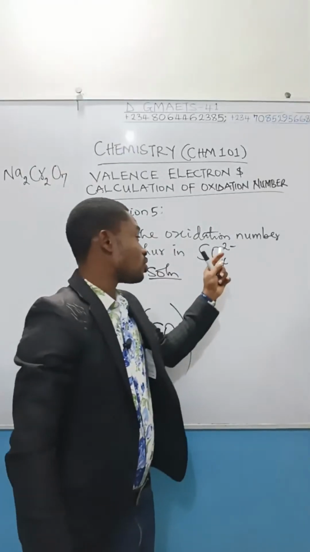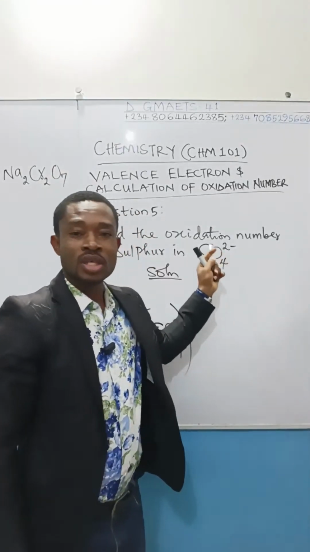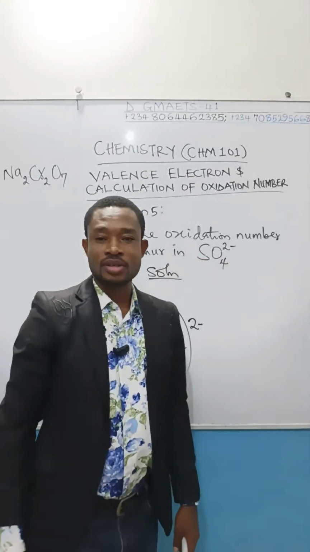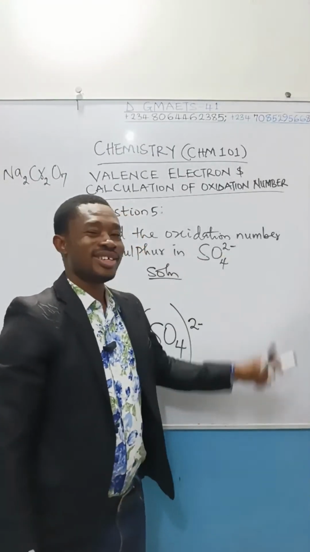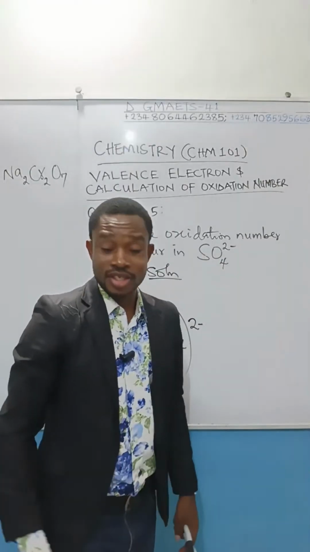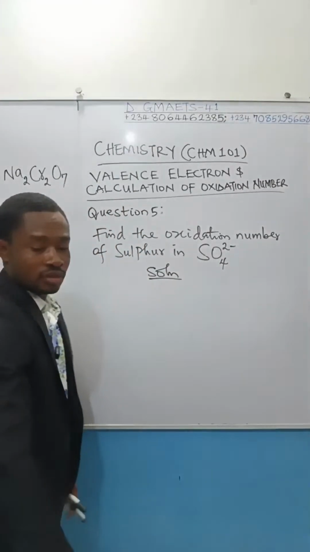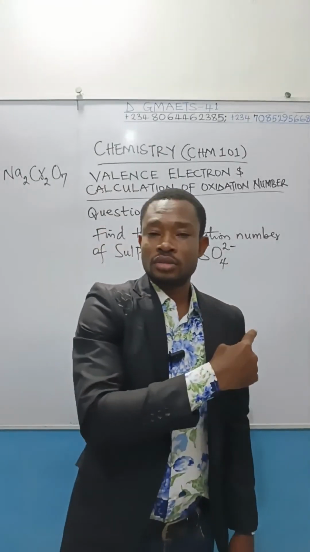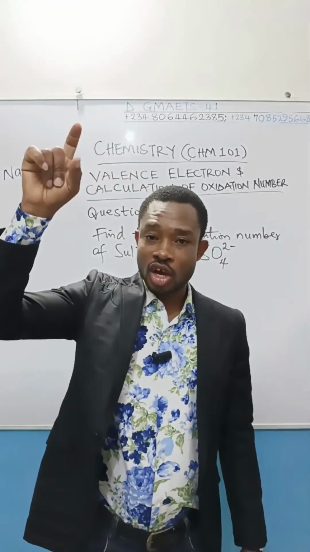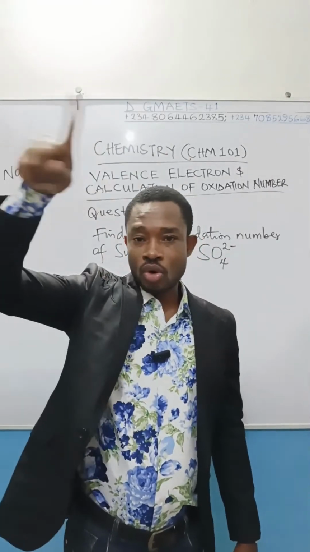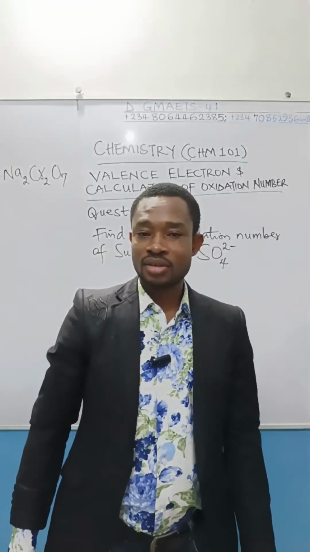Which means that this -2 belongs to both oxygen and sulfur here. So take note of that. The -2 here is not the valency of oxygen. It's not. Anytime an ionic charge is given for an ion, that ionic charge written on top with either plus or minus belongs to all the elements in that radical.